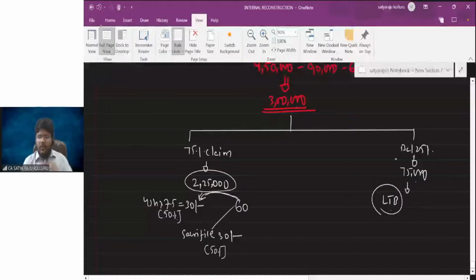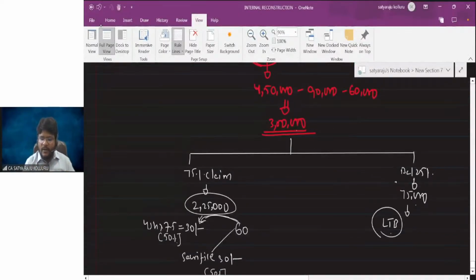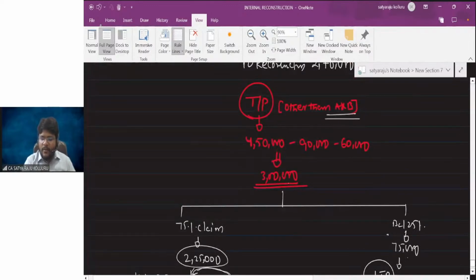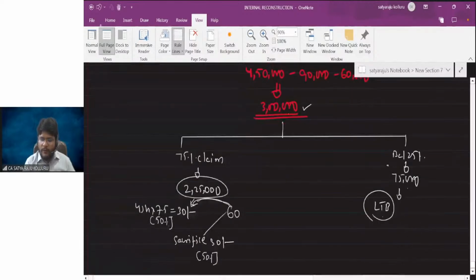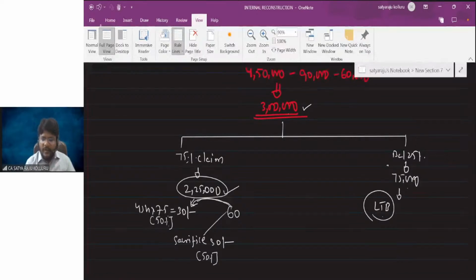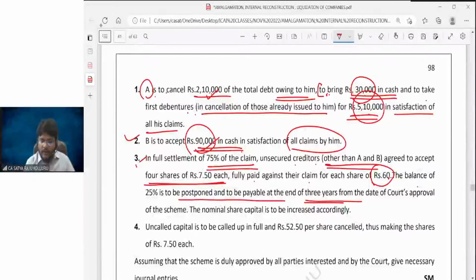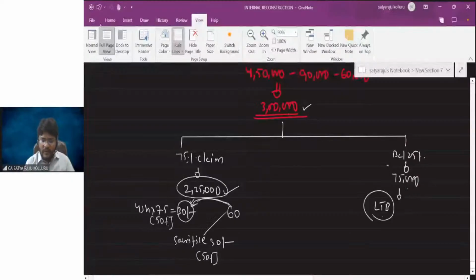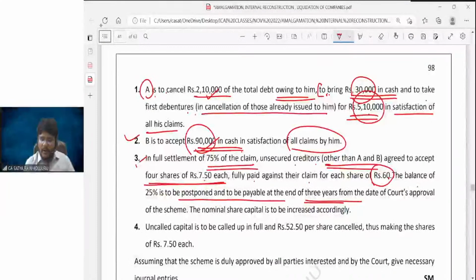Now I'm conveying the entire thing once again. Please concentrate. Other than A and B, trade payable was 3 lakhs, of which 75% is the claim, that is 2,25,000. To the extent of 50%, they are issuing equity shares: 4 shares of 7.50 each, that is 30 rupees, fully paid against their claim of 60 per share.